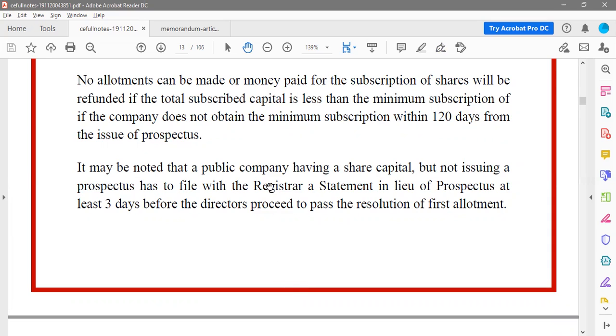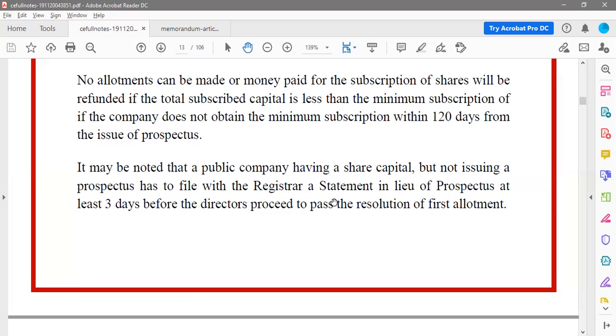Next, moving further, we have to note the case of a public company having a share capital but not issuing a prospectus. Sometimes they don't issue a prospectus, and for all those times they can just file a statement in lieu of prospectus. Now a statement in lieu of prospectus is a summary which will say how much I have raised as the share capital.